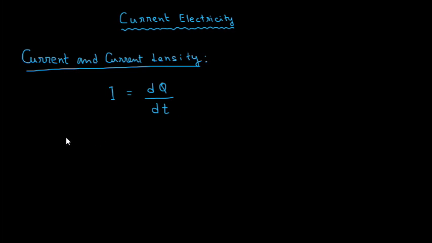The SI unit of current is ampere. So, by definition, 1 ampere is equal to 1 coulomb per second.